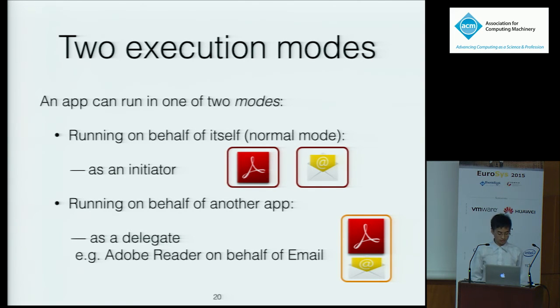For typical use cases, the delegate is expected to process some private input received from its initiator. For example, Adobe Reader can run on behalf of email as a delegate. As shown on this slide, to represent a delegate, we stack its icon on top of the initiator's icon.